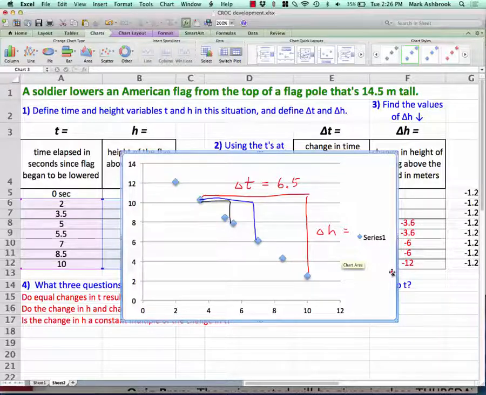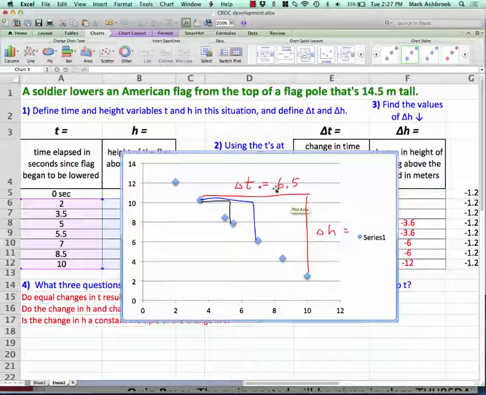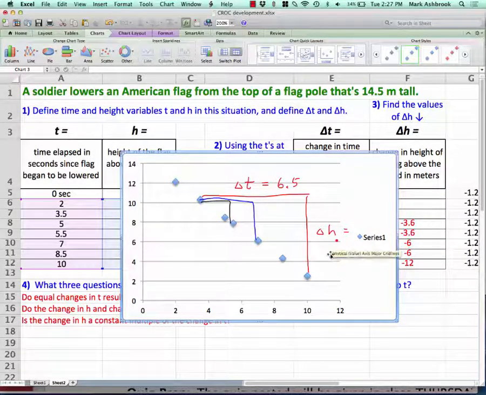How about Cecilia? What would we do to get delta H? Which one of our three criteria can get this real easily? We know delta T, we want delta H. Jake?